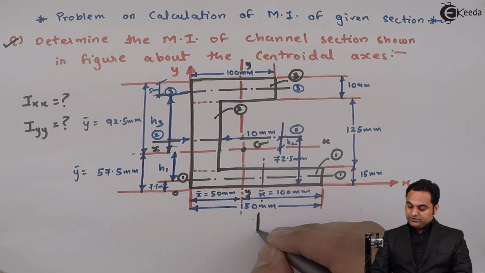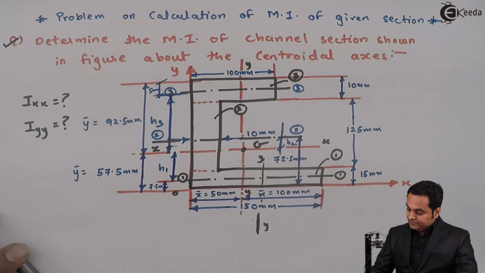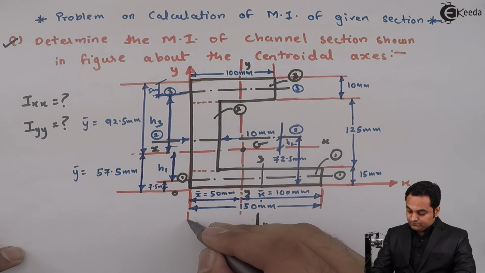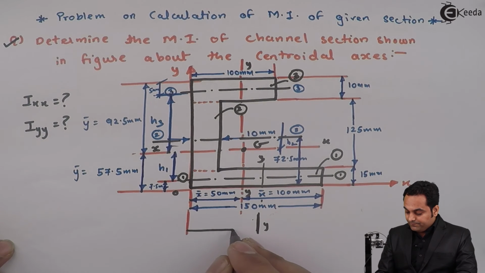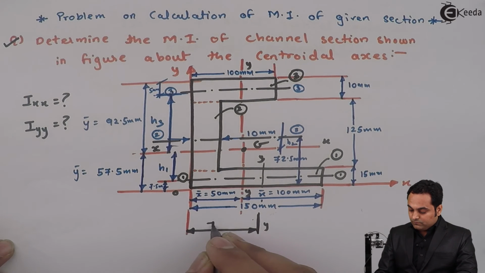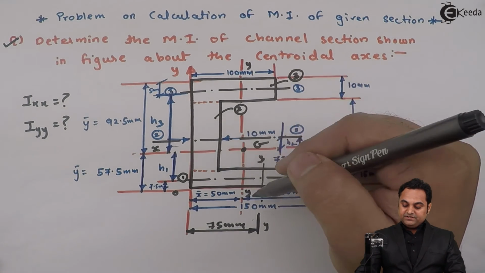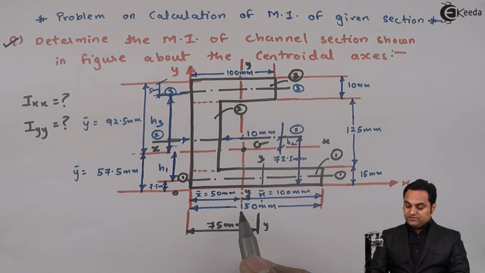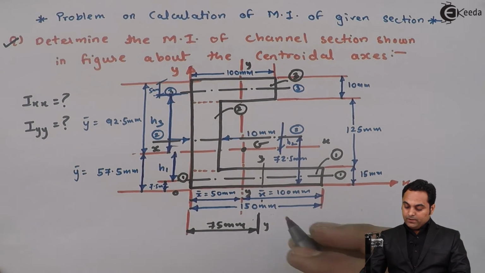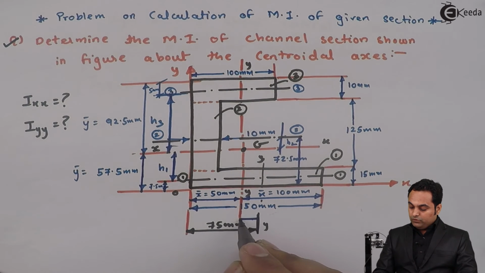So the distance of the y-axis for rectangle 1 is half of 150, that is 75 mm, from the left hand side. But if we see the y-axis of the complete C section, that is at x bar equal to 50 mm from LHS. So it means there is a distance between the two axes, and this distance would be H1.